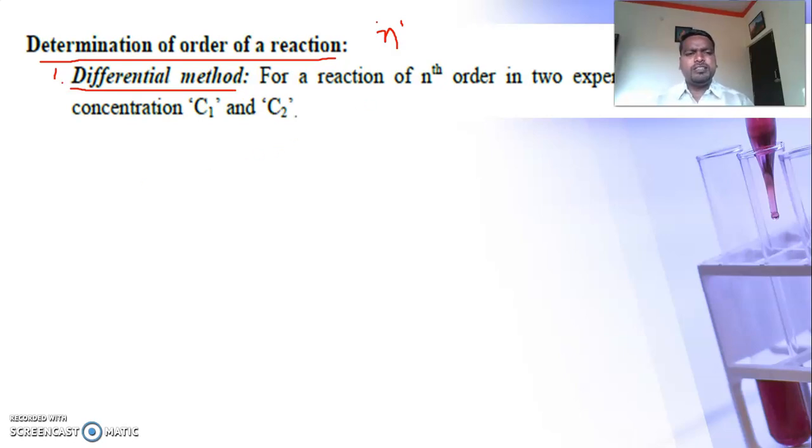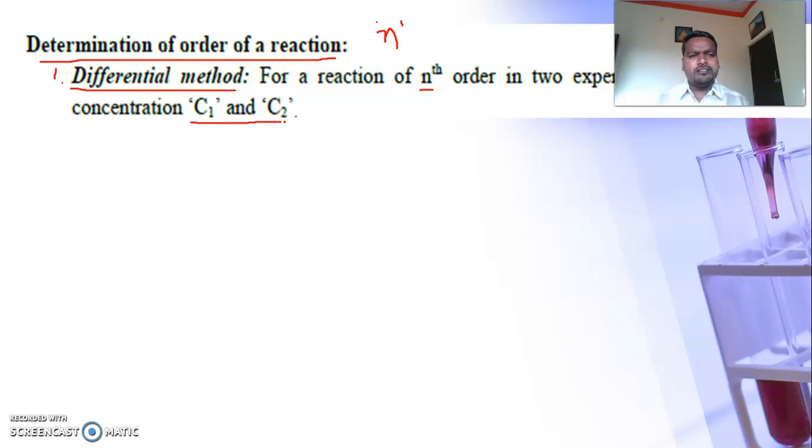In this method, we are going to determine the order of a reaction by conducting two experiments with different initial concentration. That means we are conducting two same experiments, but they differ by the initial concentration.